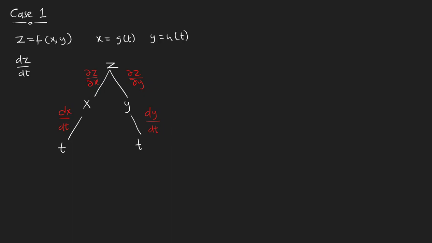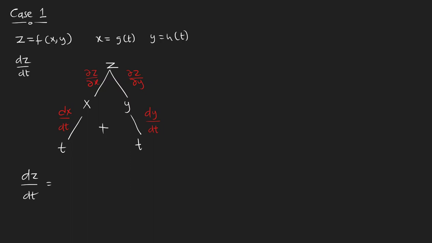We're going to have dz/dt equal to, I'm going to multiply all we have here and then add to all that we have here. So I'll bring a plus here.